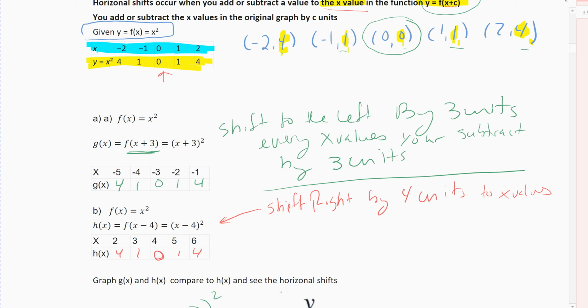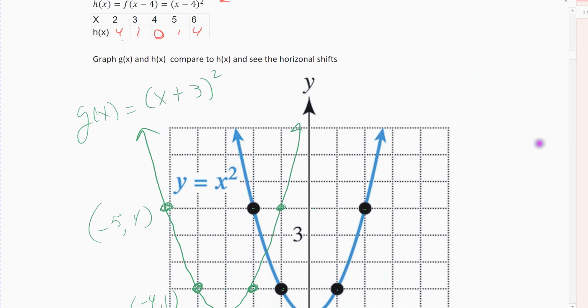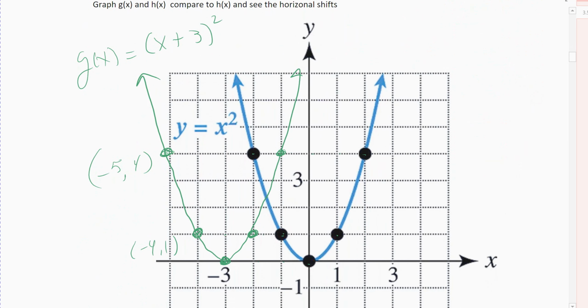So all of my new points, x has been added by 4. All of my original x values, I add 4 to them. I keep the same y values. And if you go look, that means we shift to the right 4 units. So every single point gets shifted over 4 units. Alright, that one's off my page, so I'm just going to mark it off there. 1, 2, 3, 4. So that's at the point 5, 1.